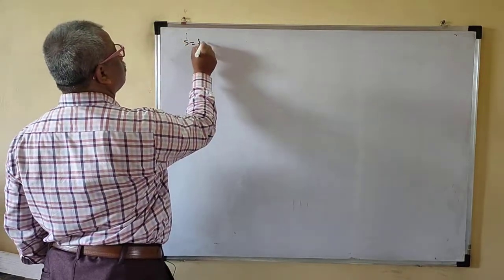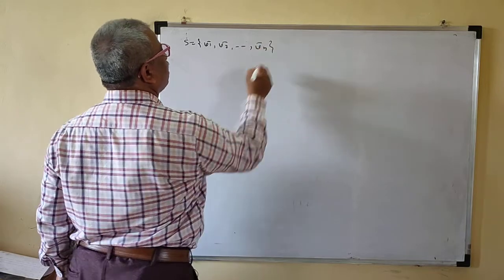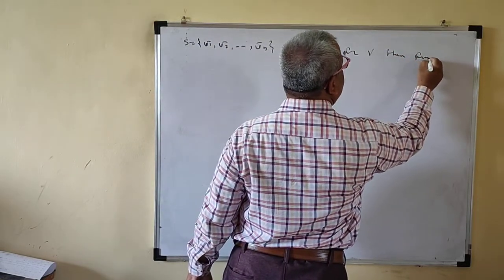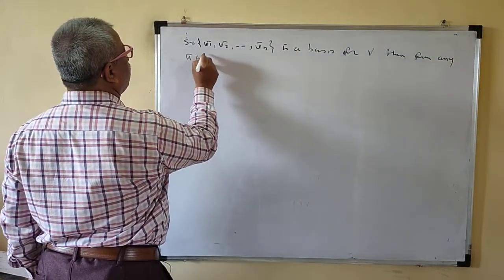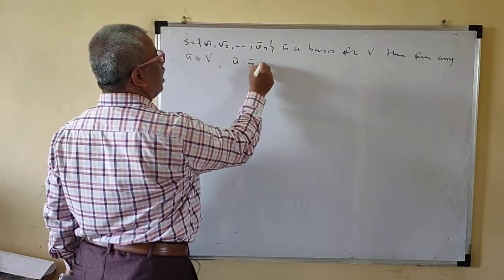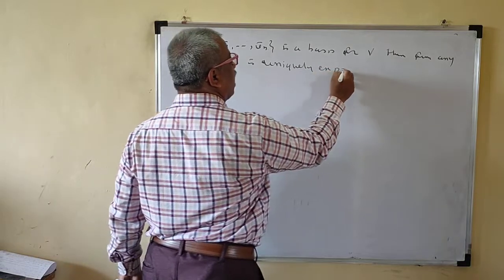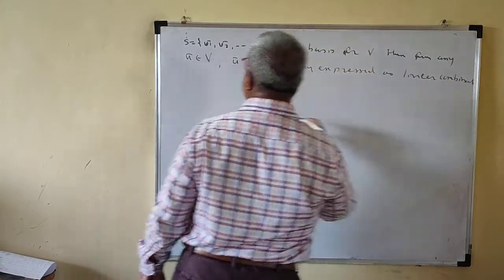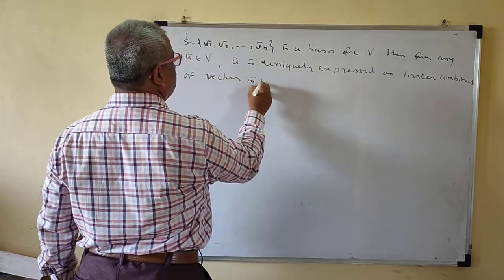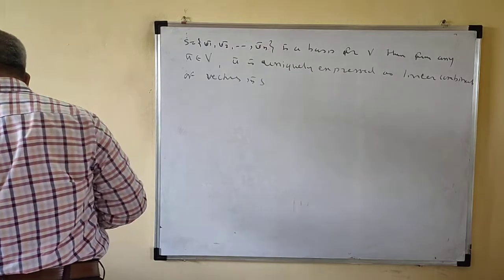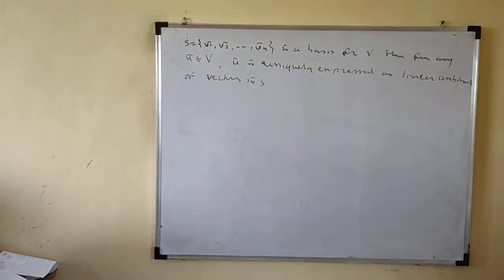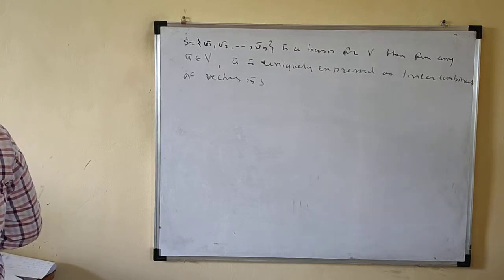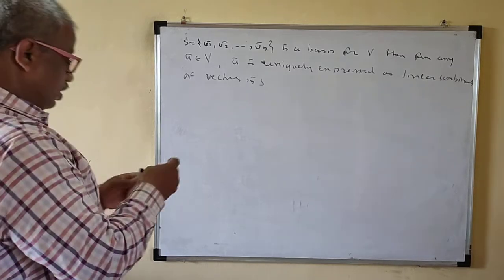Suppose S = {V1 bar, V2 bar, ..., Vn bar}, or U1 bar, whatever, this doesn't matter, is a basis for V. Then any U bar belonging to V is uniquely expressed as a linear combination of vectors in S.